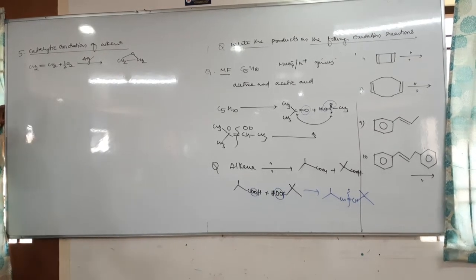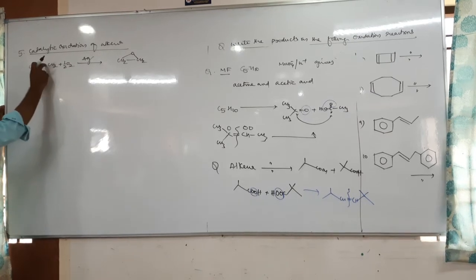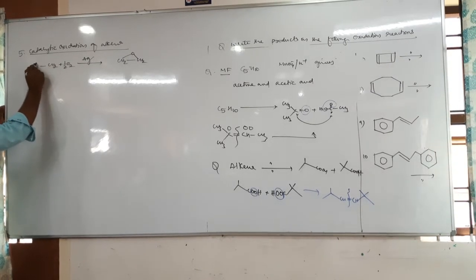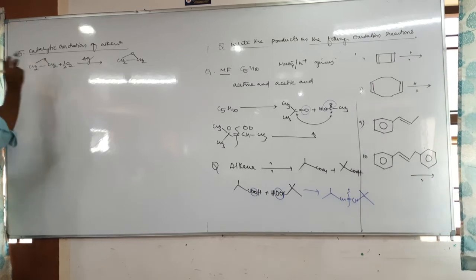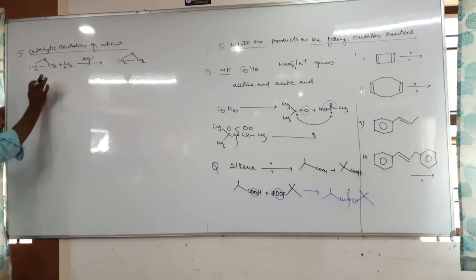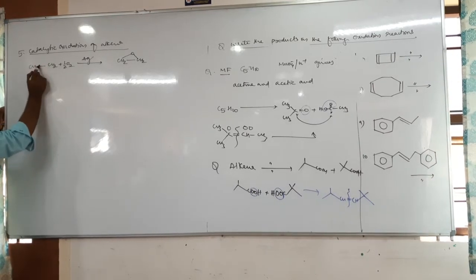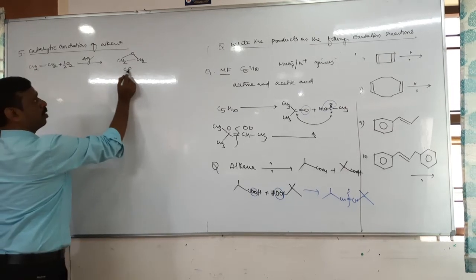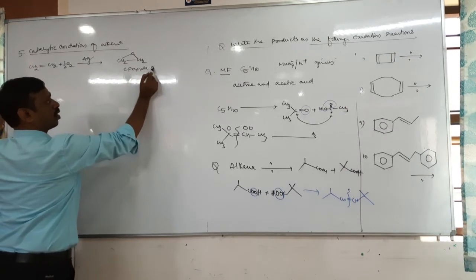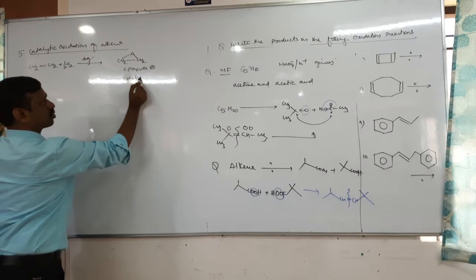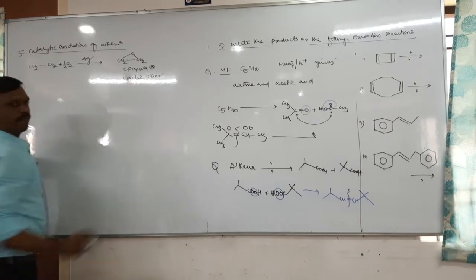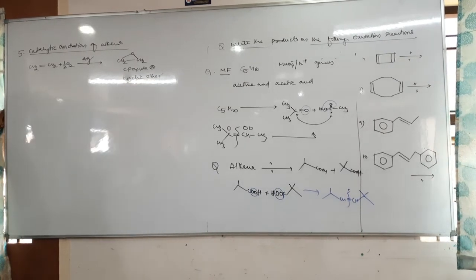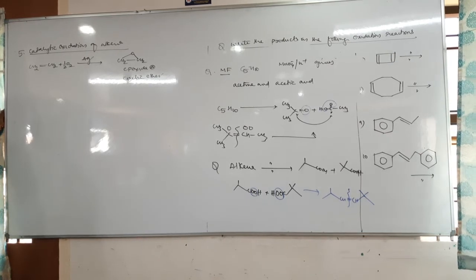Double bond. So this double bond will be broken and oxygen comes in between the carbons, which is called epoxide, or cyclic ethers. So alkene undergoes oxidation in presence of silver catalyst to form cyclic ethers or epoxide.